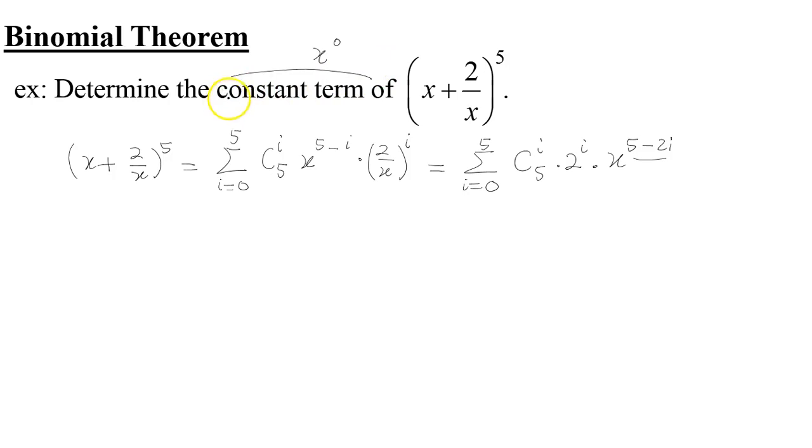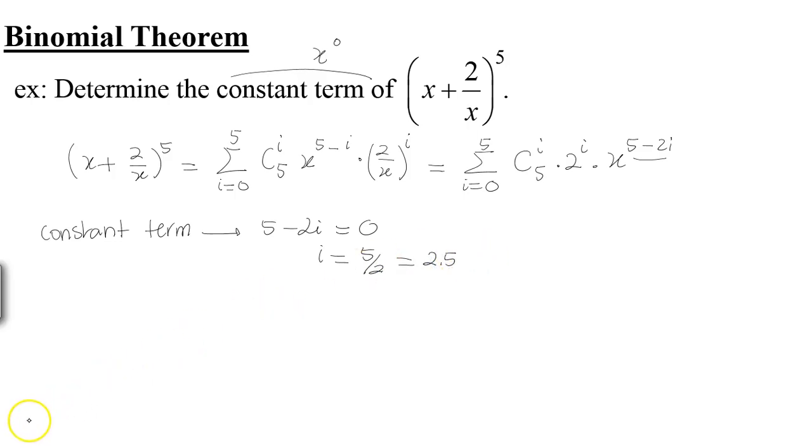Being the coefficient of x to the 0, we consider the exponent of x, which is 5 minus 2I, and set it equal to 0, which leads to I being equal to 5/2, or 2.5.